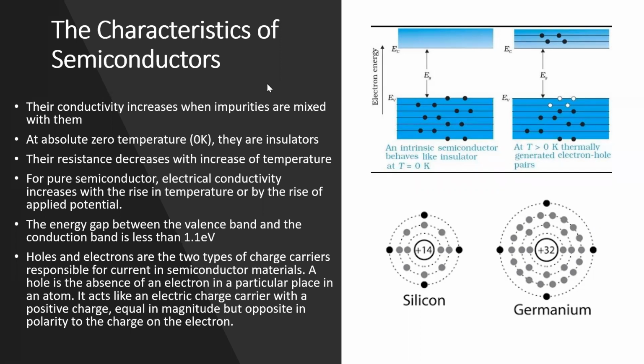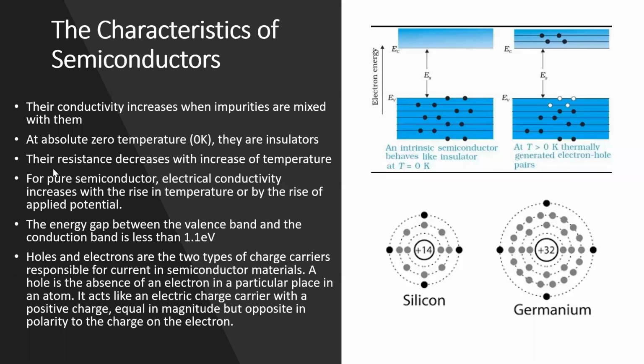So an electron here needs at least 1.1 electron volt to jump to the conduction band and conduct electricity. So at absolute zero temperature, there is no energy available for the electron to jump to the higher energy level. So at absolute zero temperature, they behave like insulators.